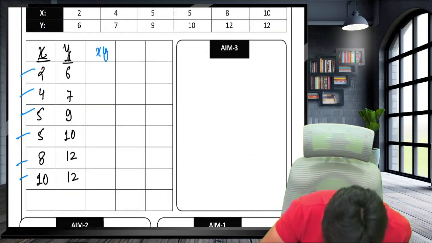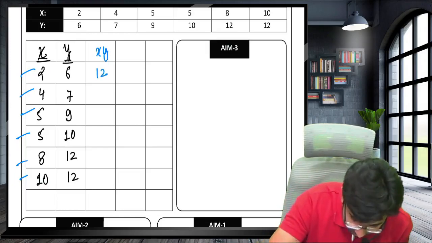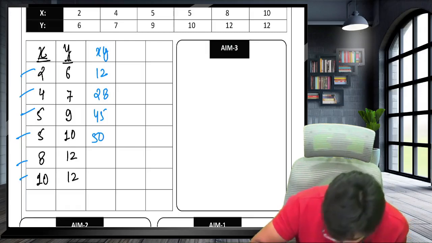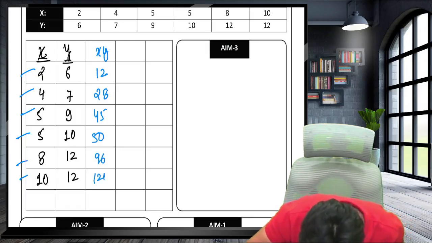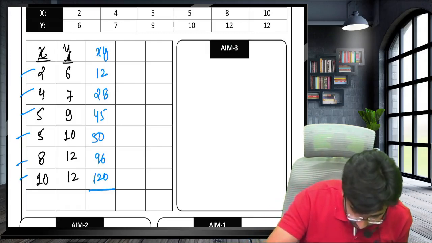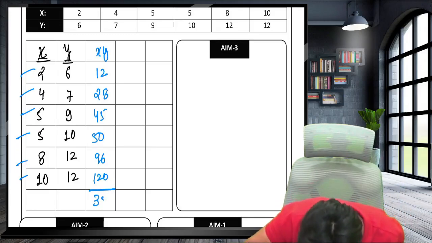Let's construct x into y: 12, 28, 45, 50, 96 and 120. Guys, what is the total of this? 120 plus 12 plus 28 plus 45 plus 50 plus 96. Guys, it is 351.